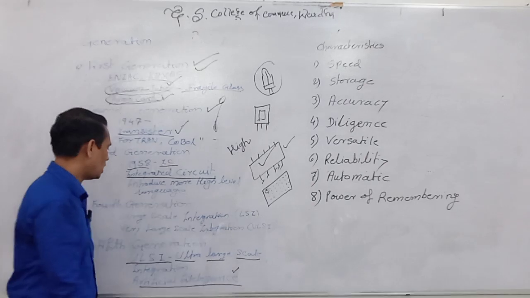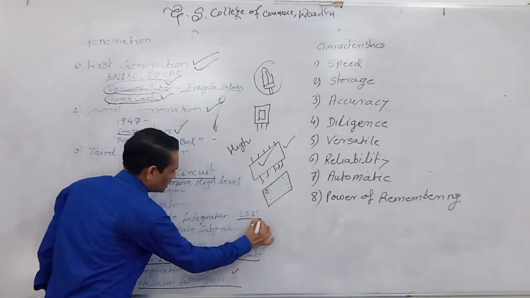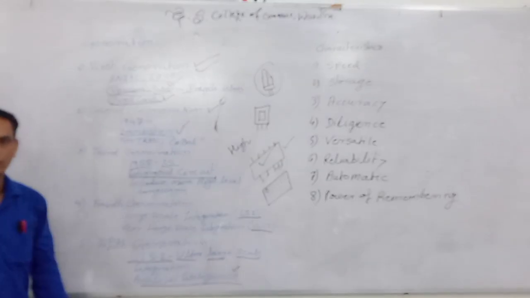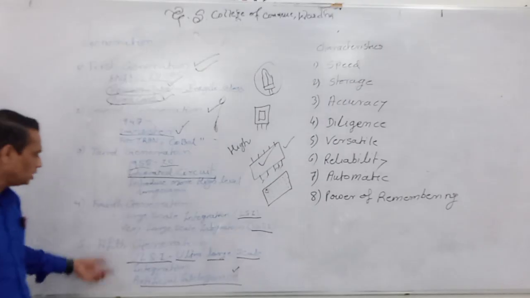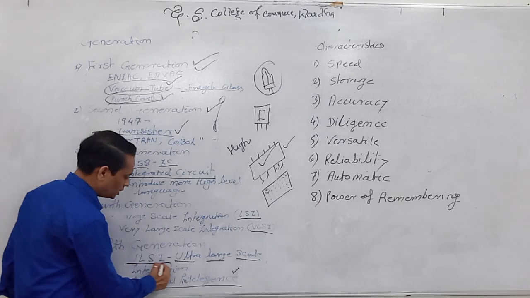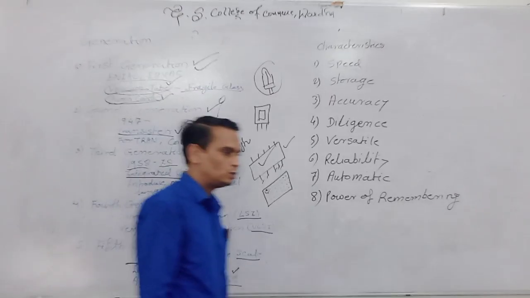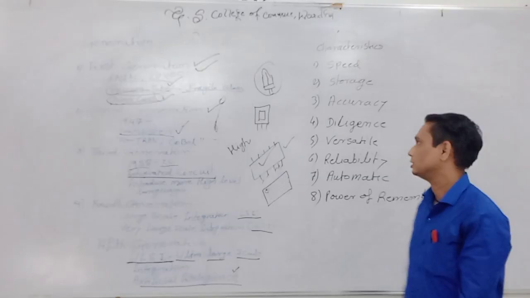Fourth generation, we have VLSI and LSI, large scale integration and very large scale integration. And in fifth generation, we have ultra large scale integration and artificial intelligence was introduced in fifth generation.